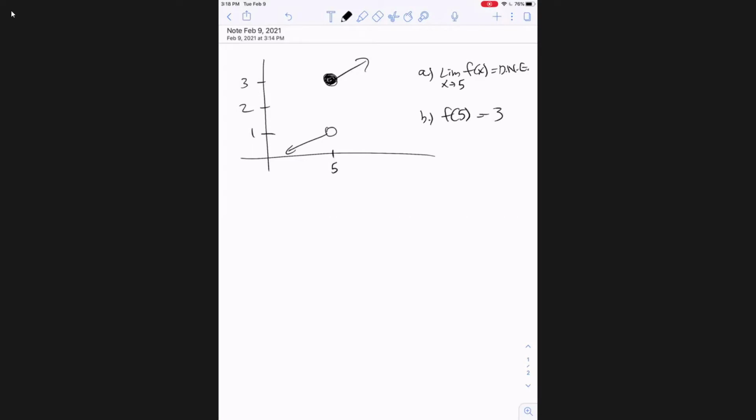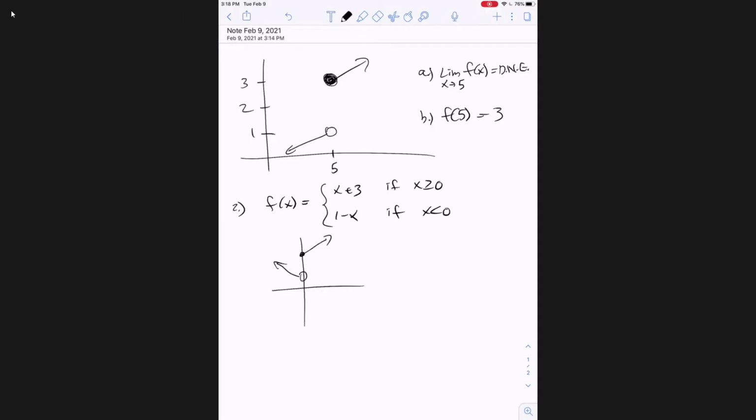Now, number 2, I want to talk about in a little bit more detail. When you draw a graph, some of you did it really well, some of you not so much. You got to show me more points. You can't just give me a graph that looks like this. I need to see more points than that.